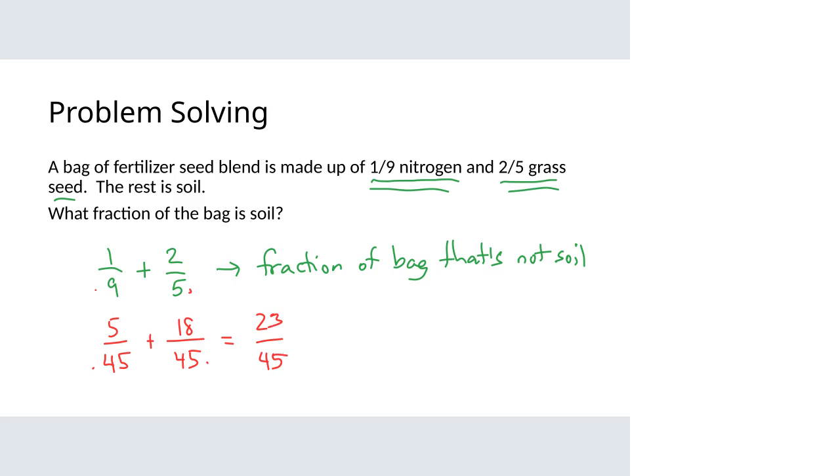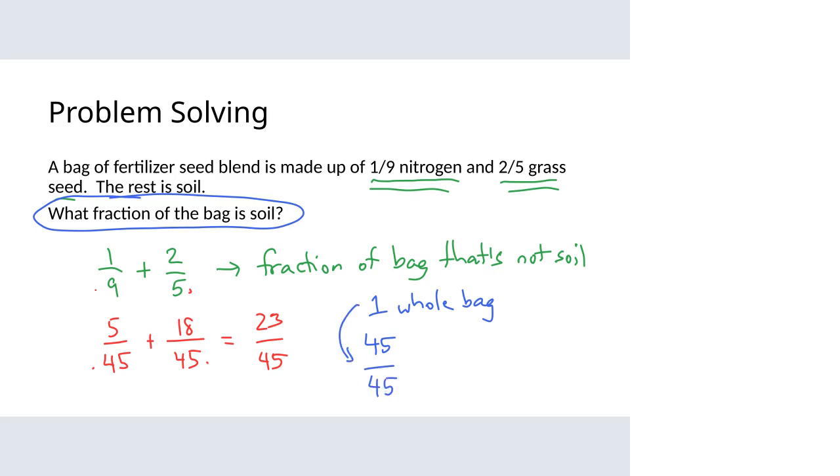Of course, the question I was asked here said, what fraction of the bag is soil? How am I going to get that? You can tell me what the answer is, but perfect, Courtney. That's it exactly. What fraction of the bag is soil? Well, the entire bag, 1 whole bag, would be 45 45ths.